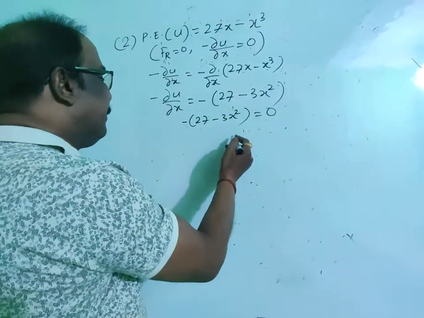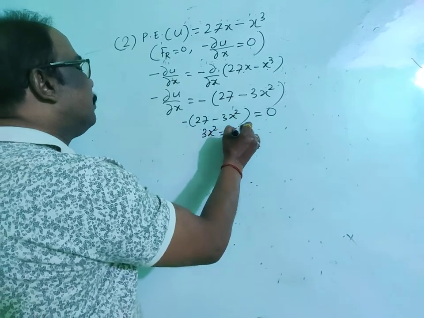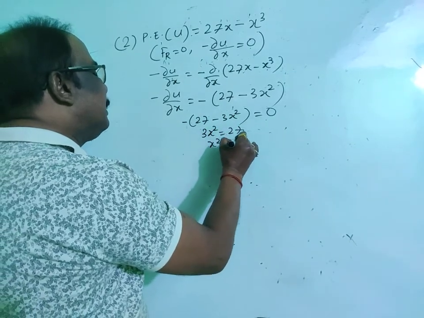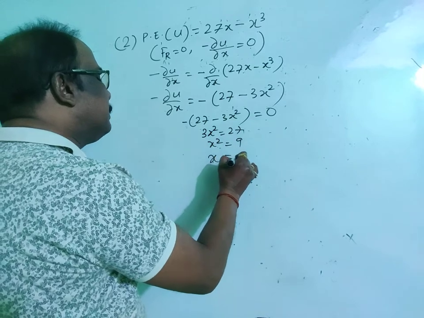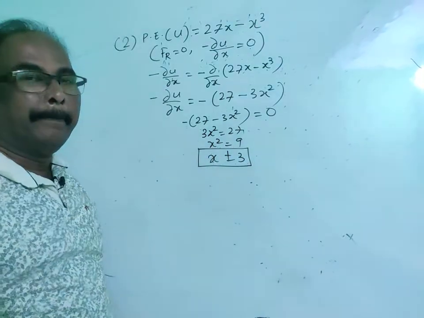Then solving it, 3x square is equal to 27, x square is equal to 9, so x is equal to plus minus 3.